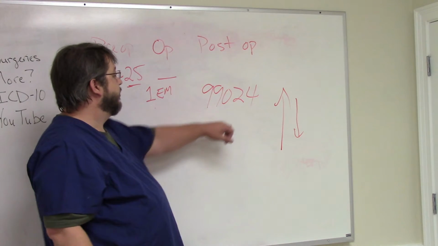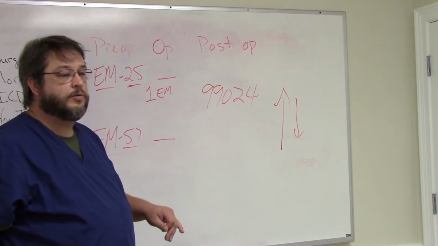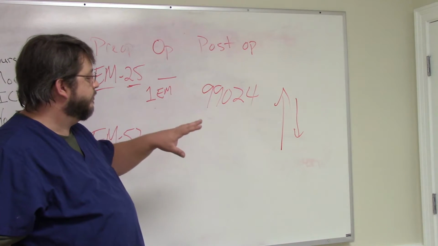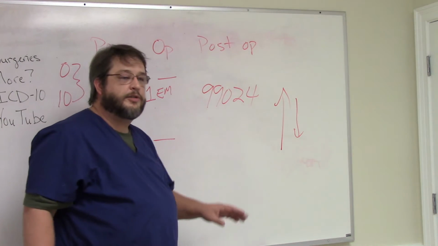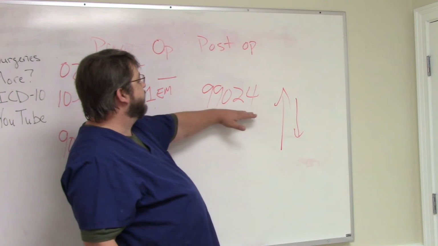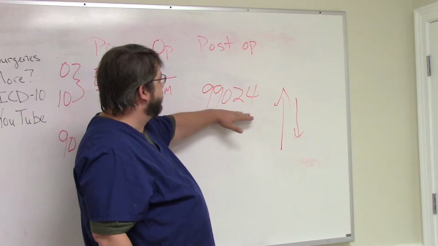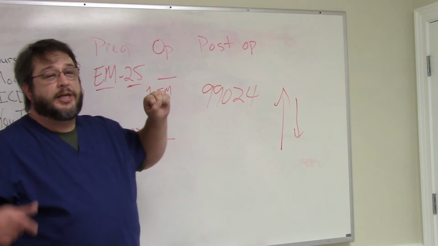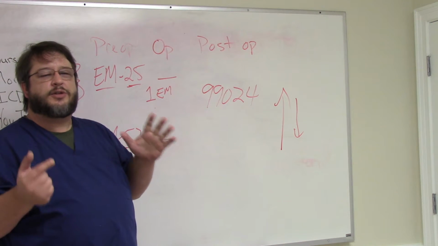So 99024 is the E&M surgery that's reported saying this is part of the global package. This is what I'm talking about being in the post-op. This is the E&M post-op, and that's all it is.